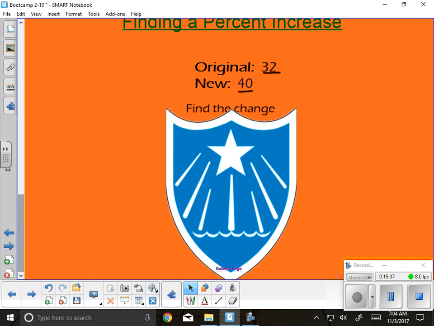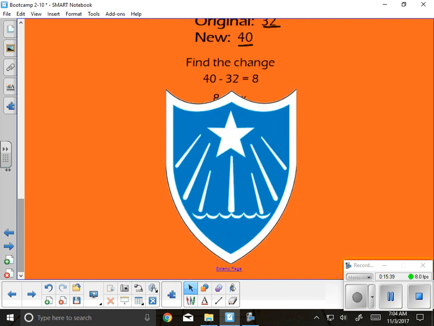To find the change, again, subtract the original and new numbers. Whether the new number or the original is bigger, say you did 32 minus 40 and ended up with -8, you can always put absolute value bars around it and make that a +8.